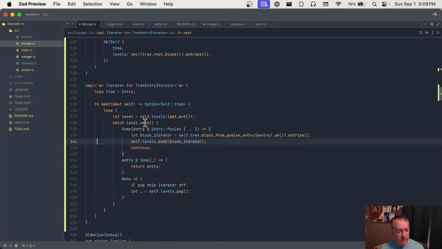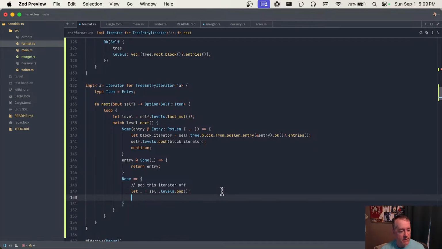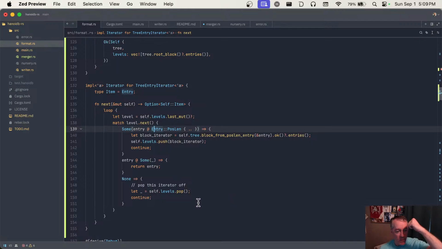Now we know that there is something here, so this is a must use, so we have to assign it to something, and then we continue. Now here, oh well, if it's empty, we'll hit this. Last mut will return none. This question mark will return none, and we'll terminate. Wild. I was actually thinking that was going to be harder.